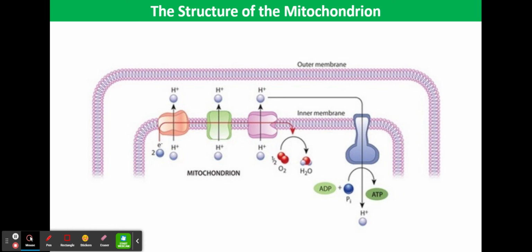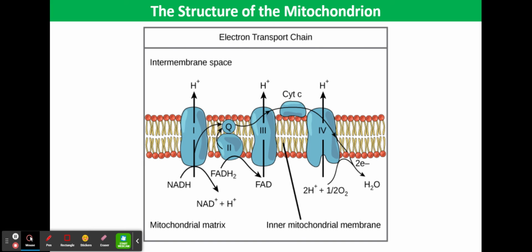Thinking then about the electron transport chain, this is shown on the slide in front of you. We see each electron carrier protein contains a cofactor, a non-protein heme group that contains an iron.